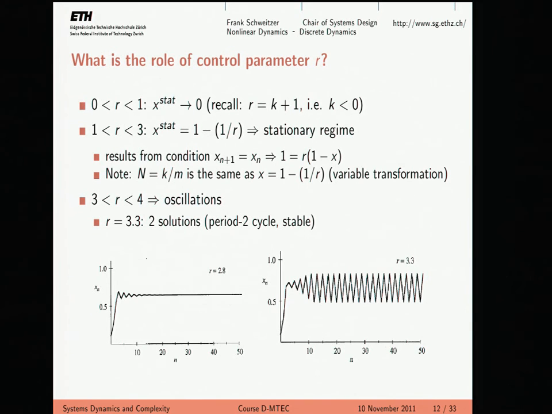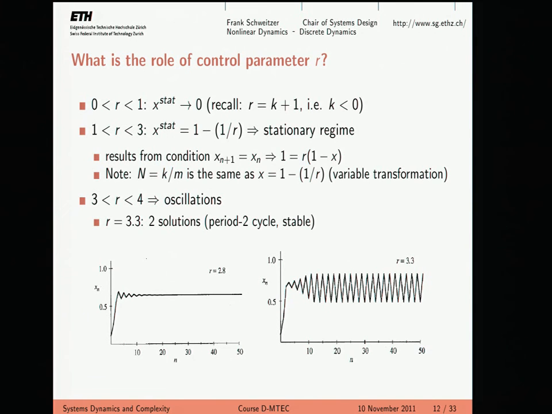What does a stationary state mean? Well, it means that if we have no random shocks, we don't push the system, it will stay there. Which means that x_{n+1} would be equal to x_n. You can even say x_{n+2} would be equal to x_{n+1}, to x_n, to x_{n-1}, and so on.